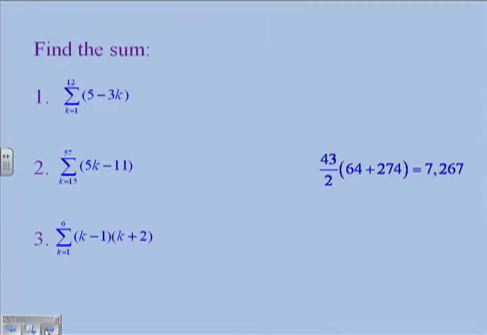We're running from 1 up to 6. Oh, and you can see we have k's in several places. When k is 1, I get 0 times 3. So I have a 0. For the second term, where k is 2, I have 1 times 4. I get 4.